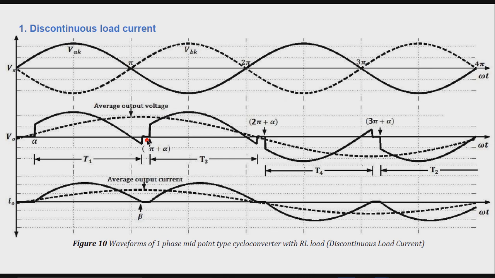From omega t is equal to pi to omega t is equal to beta, the inductor changes its polarity and feeds energy back to the source. So the load voltage goes negative from omega t is equal to pi to omega t is equal to beta. Now thyristor T1 is commutated at omega t is equal to beta, as it is already in reverse bias after pi.